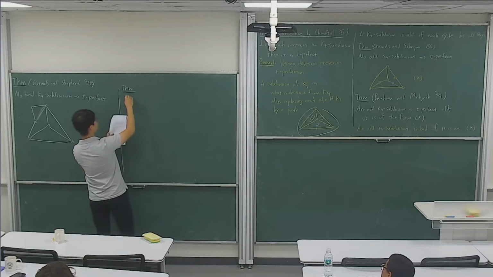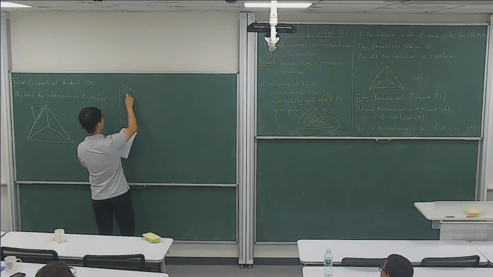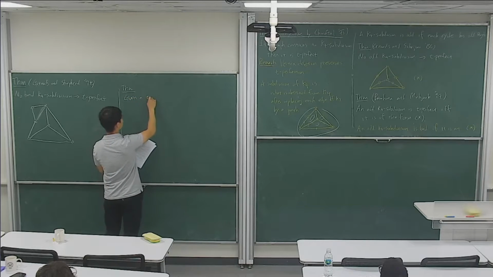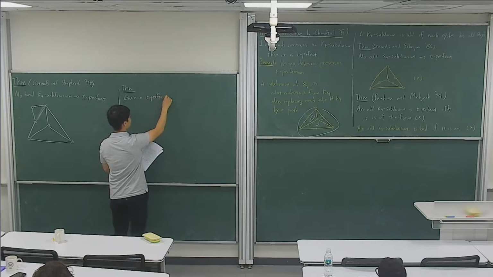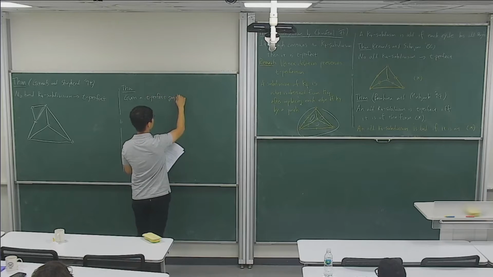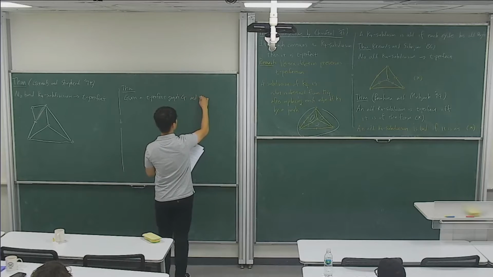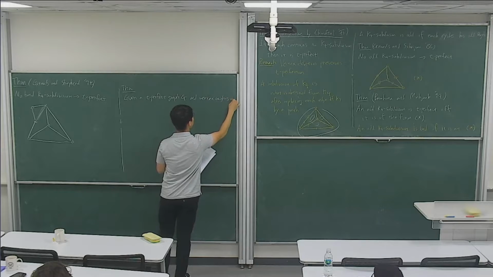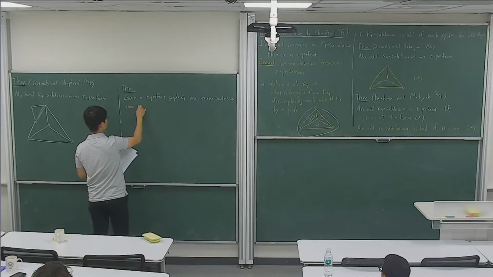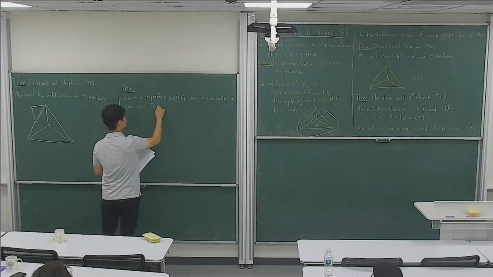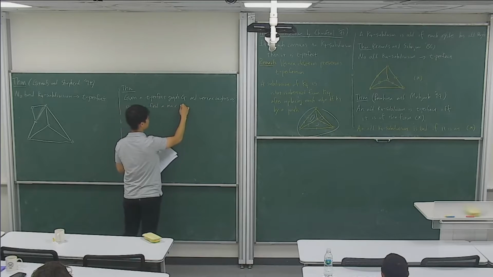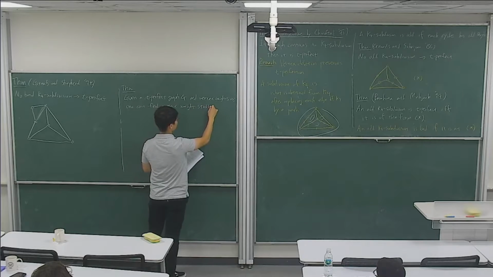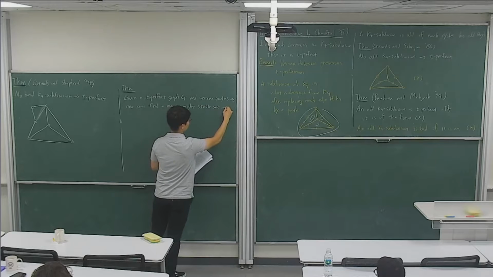Basically, given a T-perfect graph G and vertex weights, one can find a max weight stable set in polynomial time.